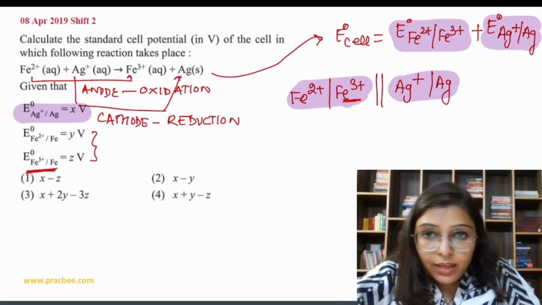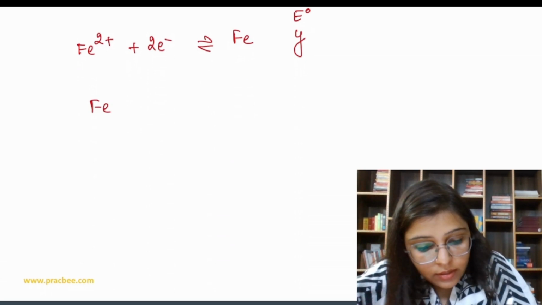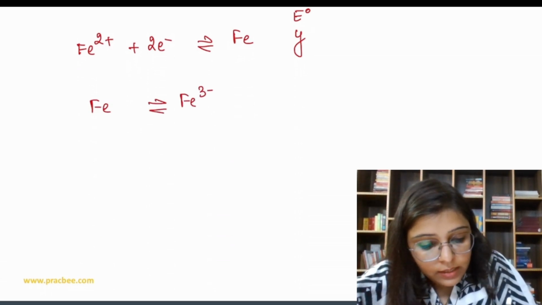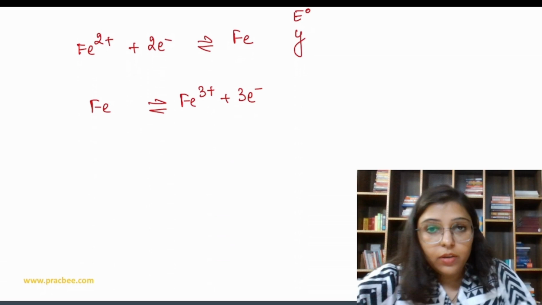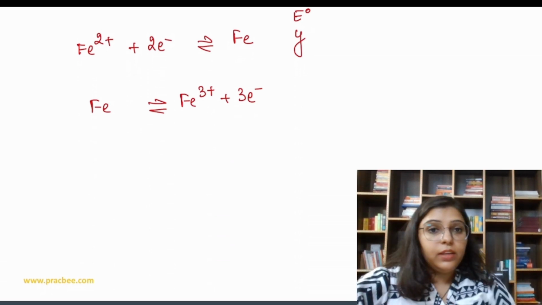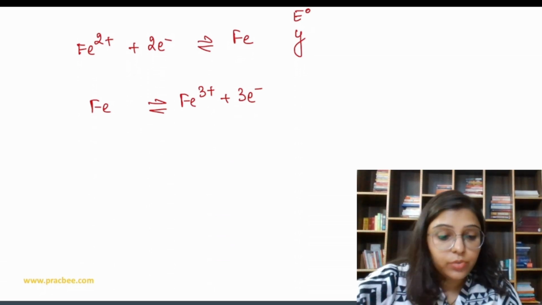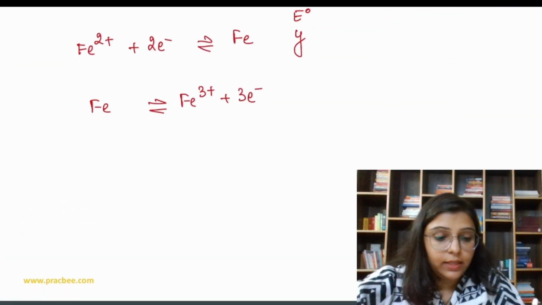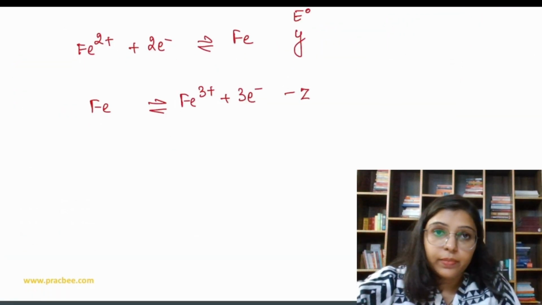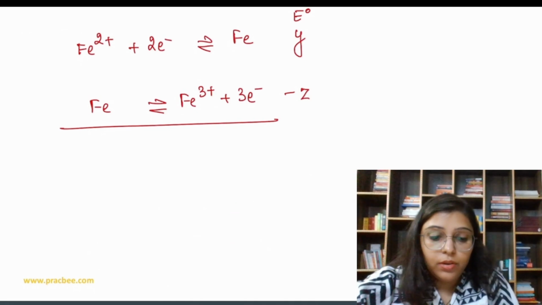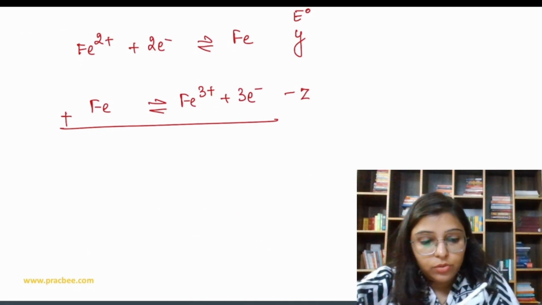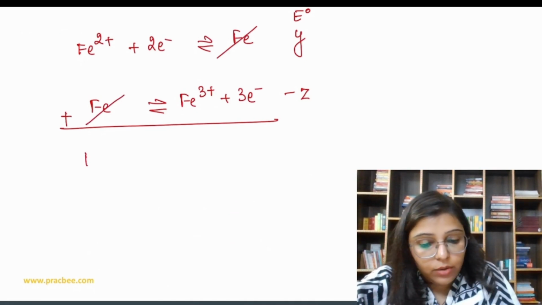So Fe gives Fe3 plus and 3 electrons. Since we have reversed the equation, the E naught value is going to be minus z. Now let's add. On adding, Fe cancels out and we get Fe2 plus gives Fe3 plus and 1 electron.